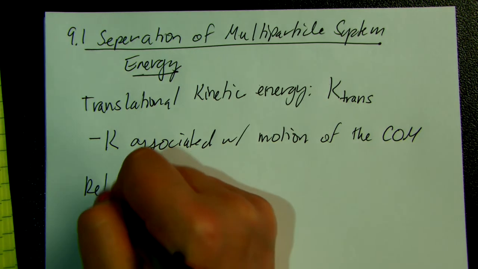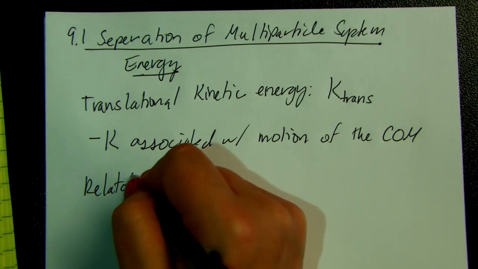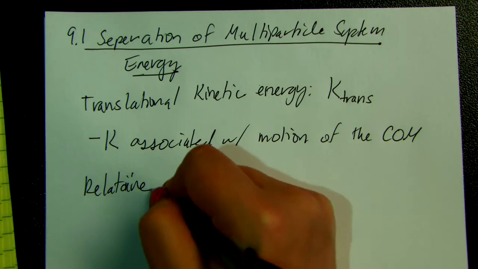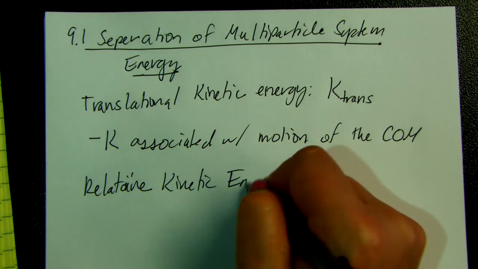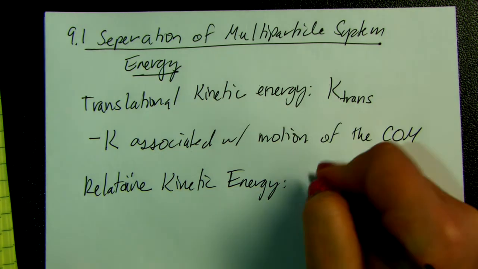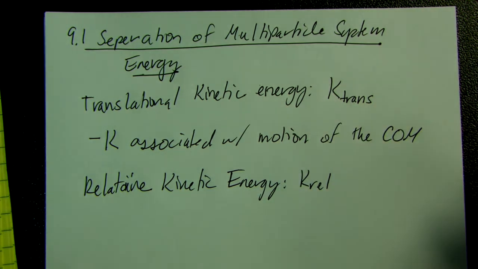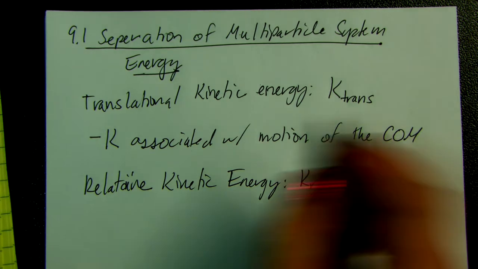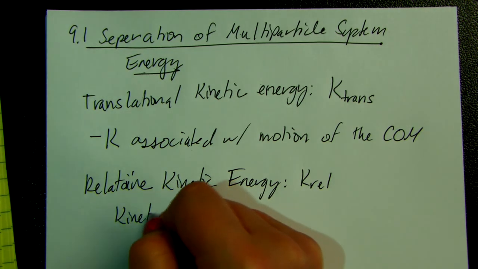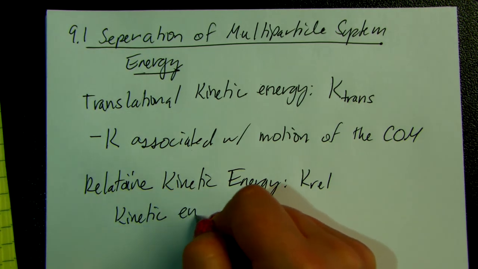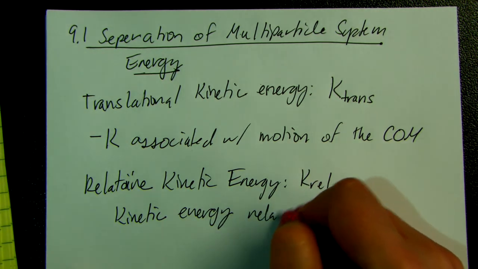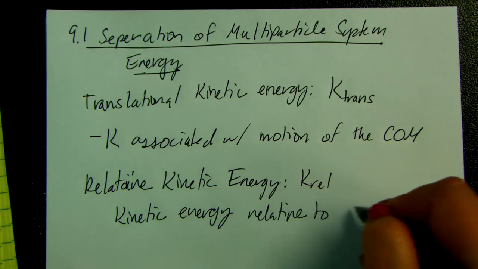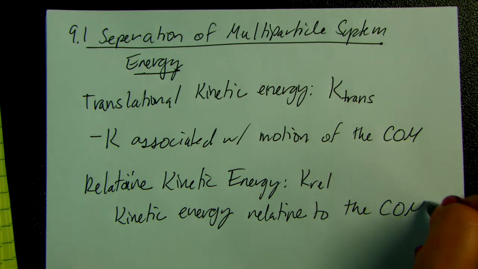Then we have everything else. So this is relative kinetic energy. We will denote it as K sub rel. And this is kinetic energy relative to the center of mass.